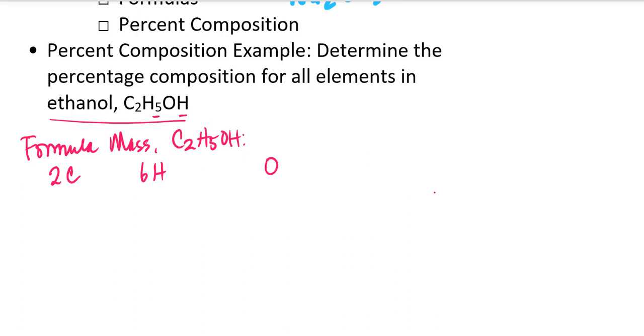And if I had a periodic table in front of me, I'd be able to see that the atomic mass for carbon is 12.01 atomic mass units. I have to multiply that by 2.